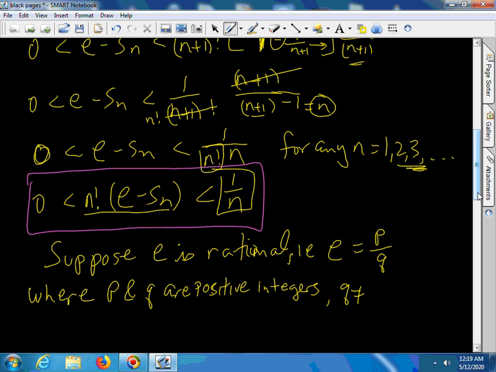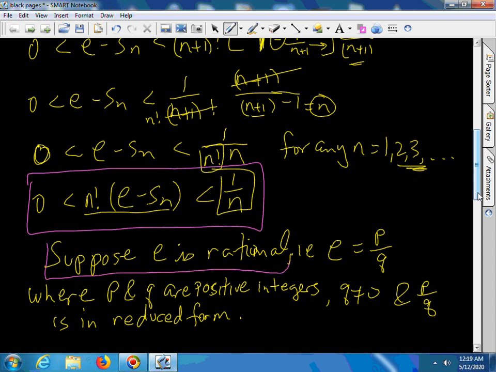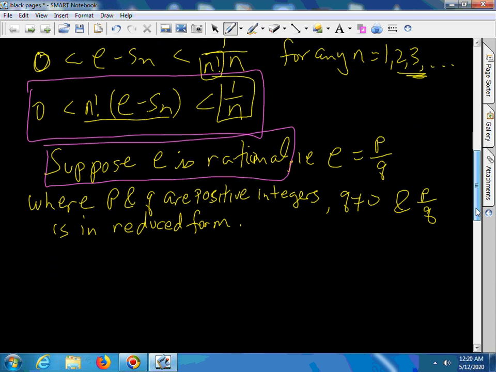The bottom is not 0, and p over q is in reduced form. Now, the only thing we said for the entire proof that may not be true is what we're supposing. Maybe that's wrong. Maybe it isn't wrong. Let's get our hands dirty and find out.